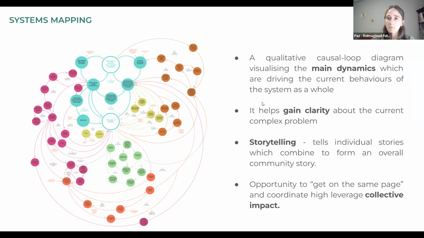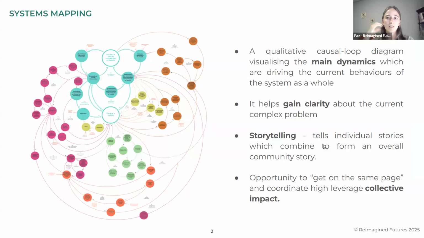So this is a systems map, which is a causal loop diagram that visualizes the main dynamics of a complex system, in this case, the health or the approach to health of a Catalan system. And it's actually trying to gain clarity about the complex behaviors of the system itself.